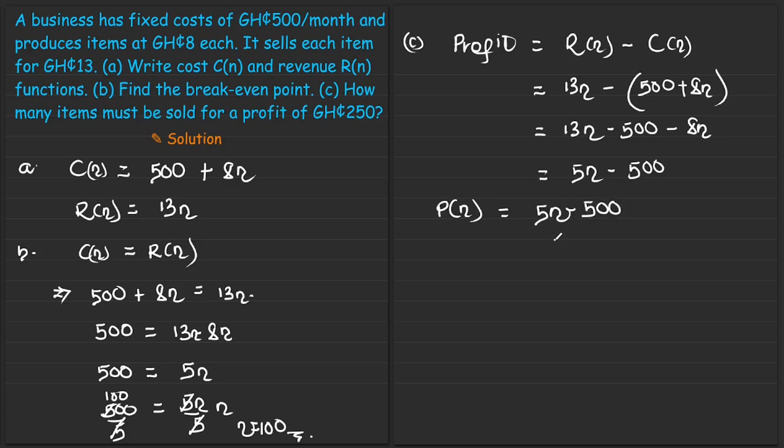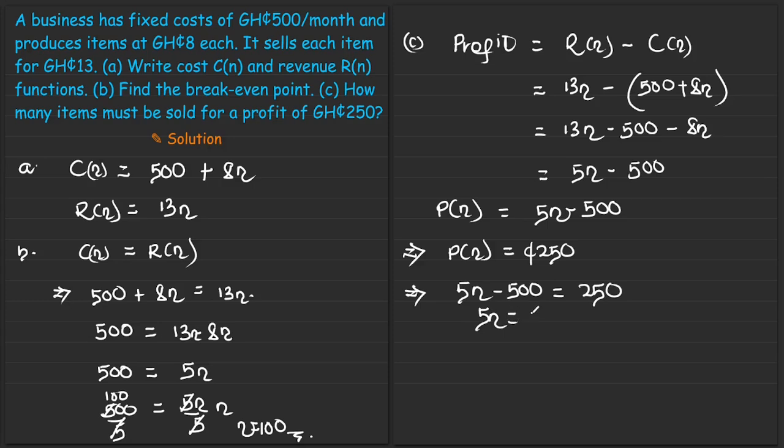Now the question says, how many items must be sold so that we get a profit of 250? So for a profit of 250, it simply means our profit function is equal to 250. Then we know what the profit function is. So that is to say, we have 5n minus 500 being equal to 250.